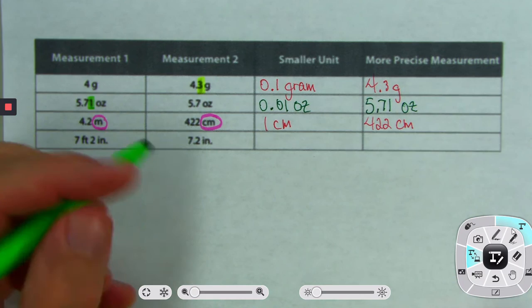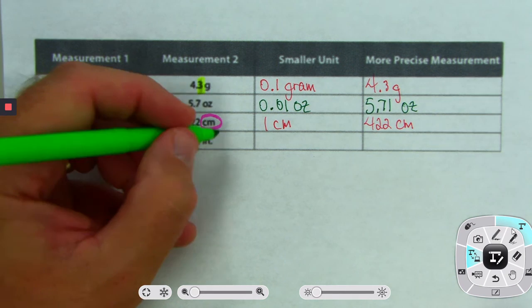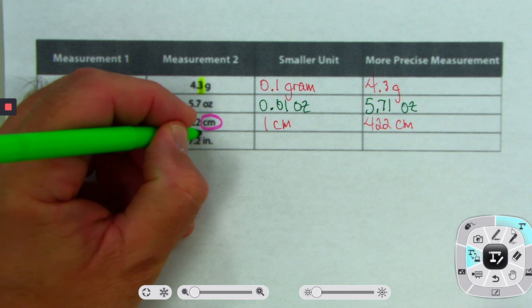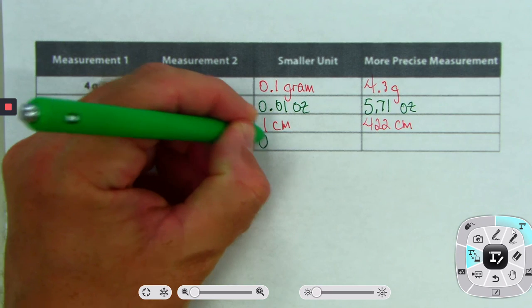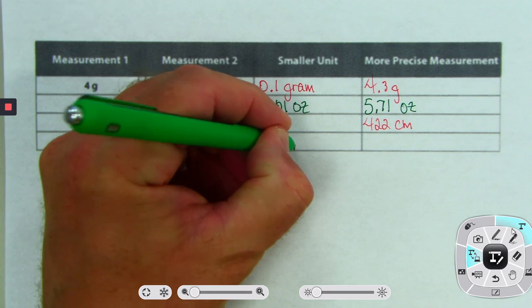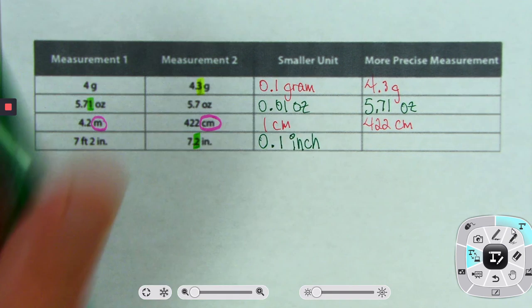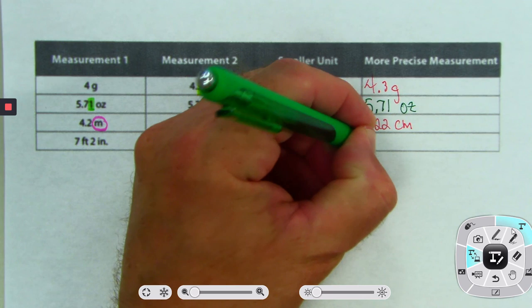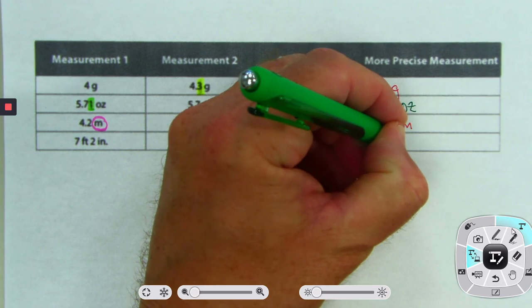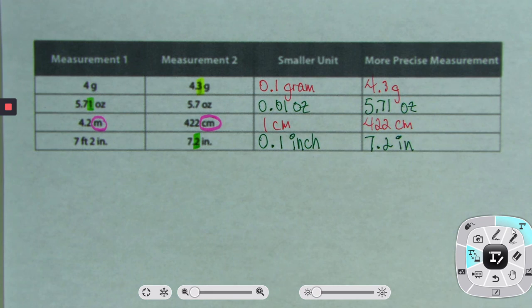Inch is the smallest unit, but 7 2/10 inches actually is measuring in tenths of an inch, which means the smallest unit here is a tenth of an inch. So the most precise measurement is 7.2 inches. Again, when we're trying to figure what is our most precise measurement, we're looking for the smallest unit.